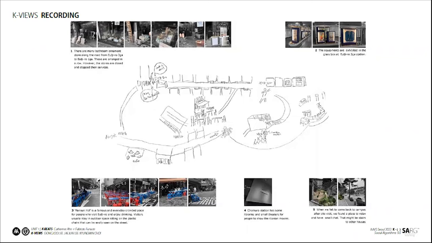The second one is where we took a rest after finishing the site visit, at some small stairs. When we felt like coming back to campus after the site visit, we found a place to relax and have a small chat. There might be stairs to other people's houses.